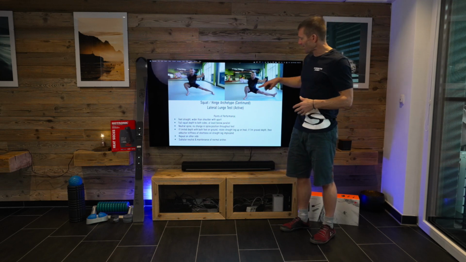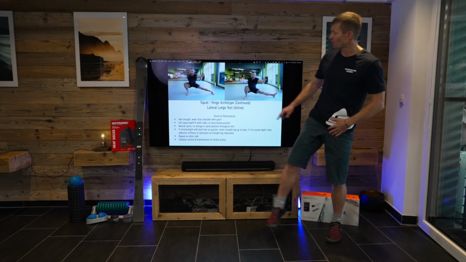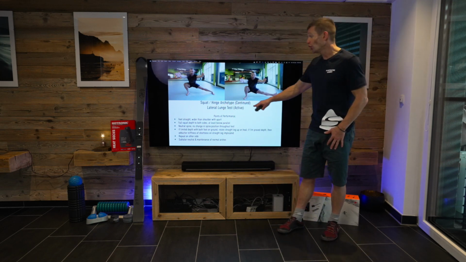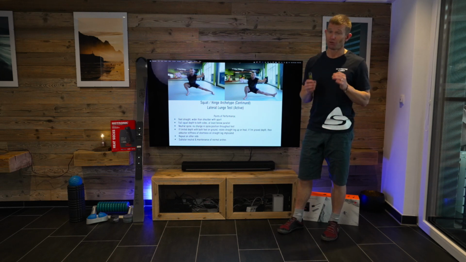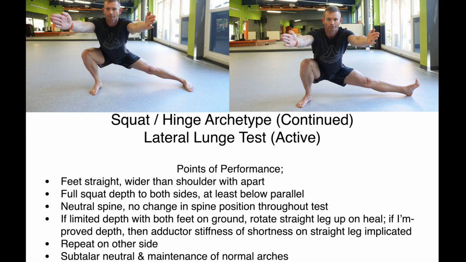We're now looking at the adductors and looking through into this lateral lunge test, where a lot of people will suffer a lot, especially when trying to do it on the inside here, where my foot is pointing forward and my body is relatively upright. This is difficult.